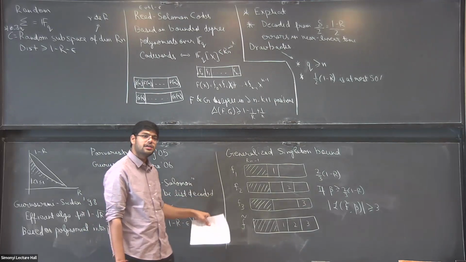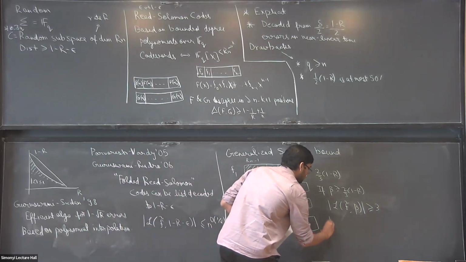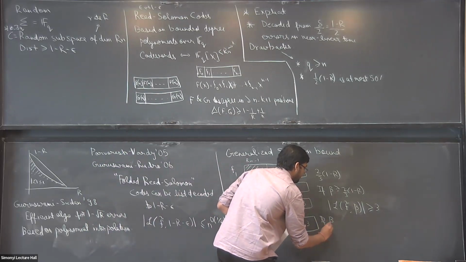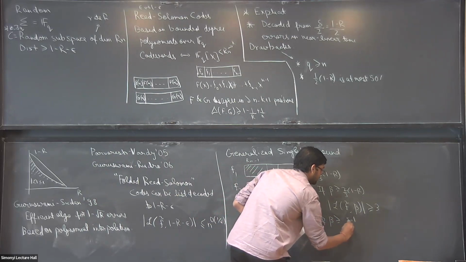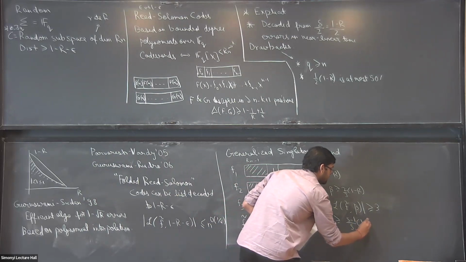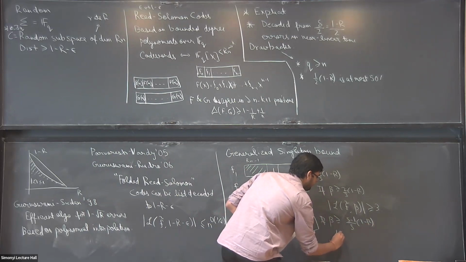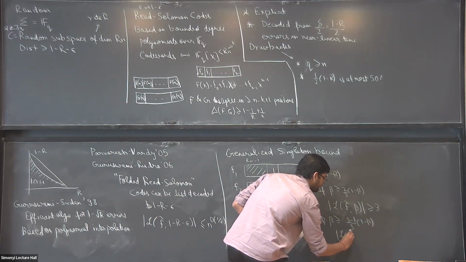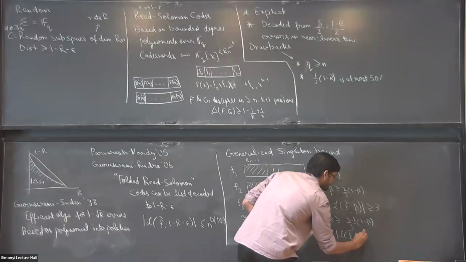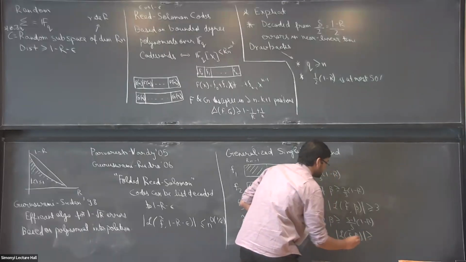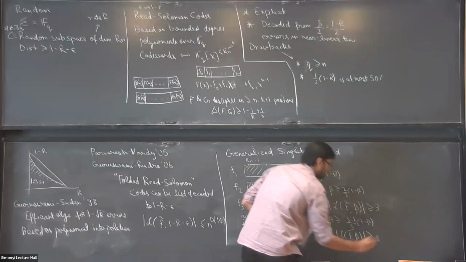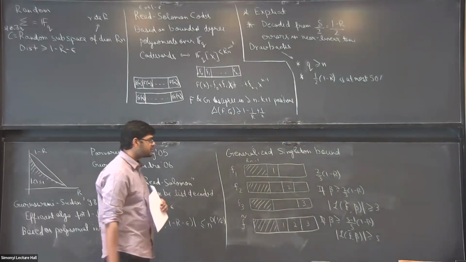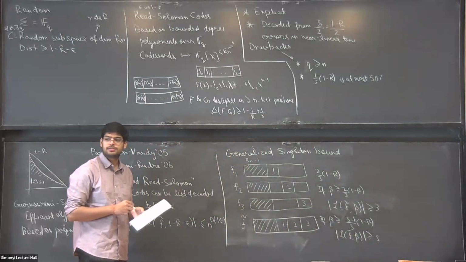And of course, we can extend this argument to say if beta is s minus 1 over s times 1 minus r, then the list must be of size at least s.